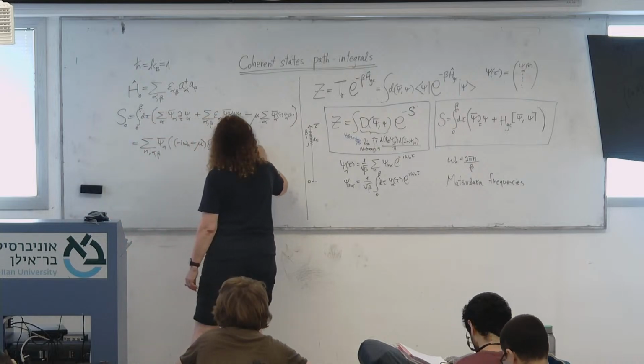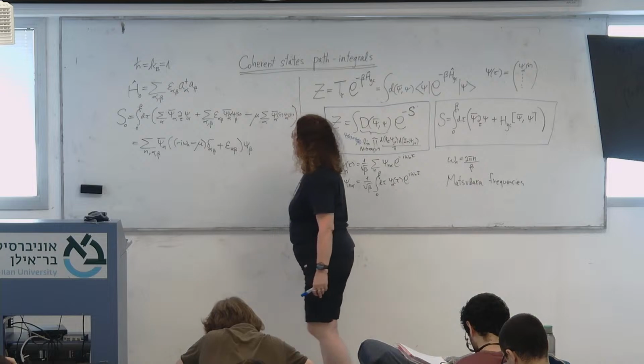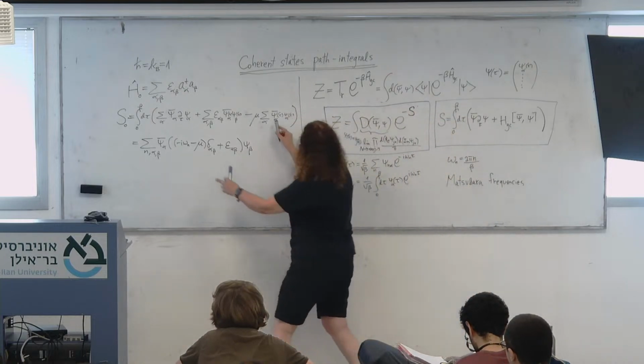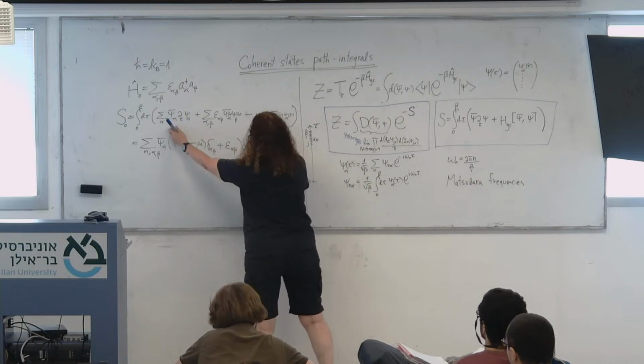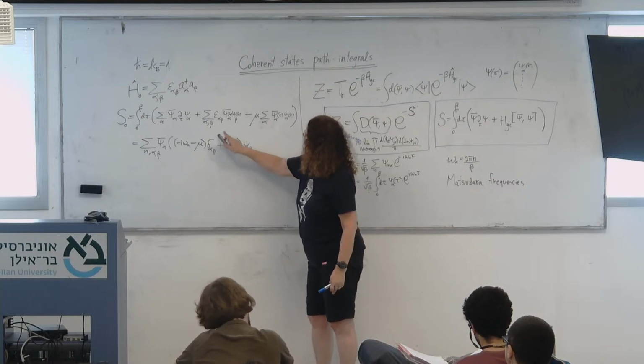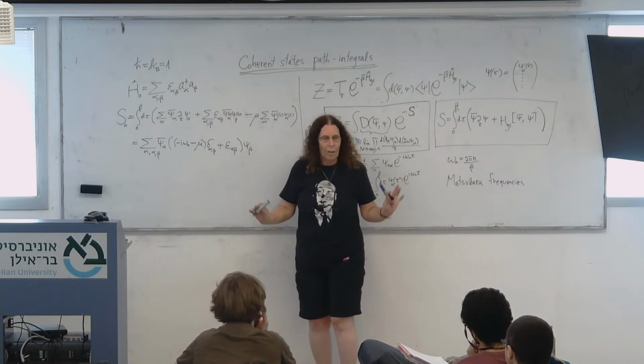All that multiplies psi beta. Okay, this is what I get. These two terms are also diagonal in alpha, that's why I have this delta. And epsilon may be something general, okay?